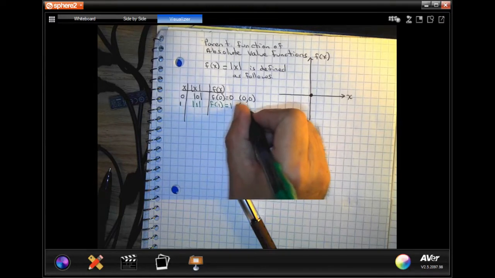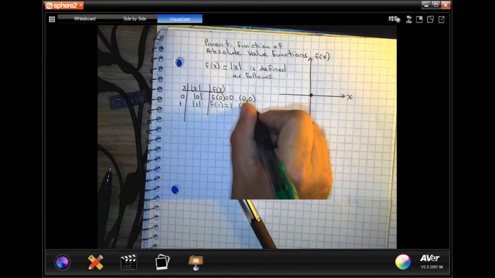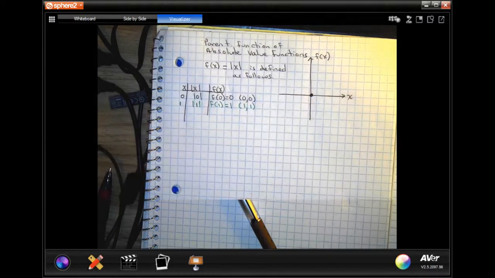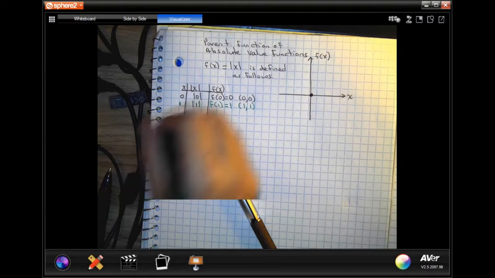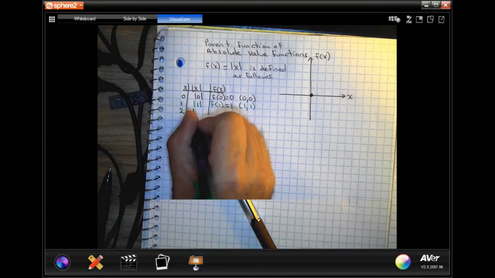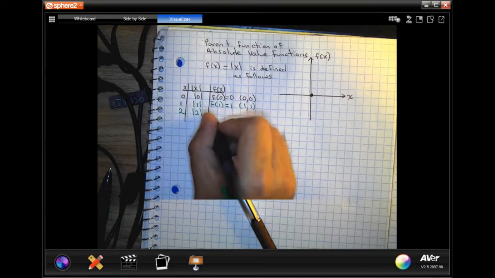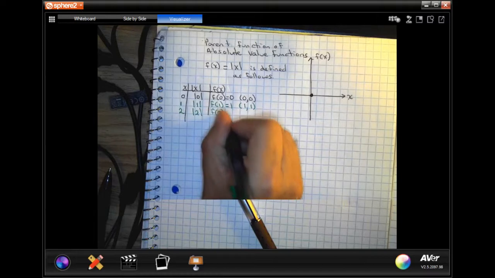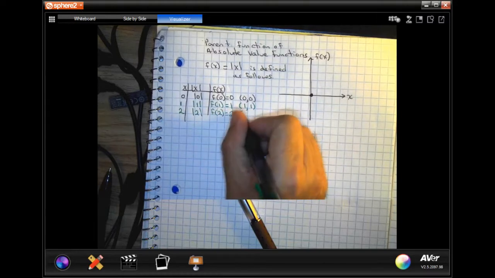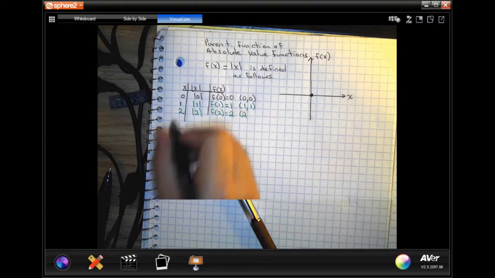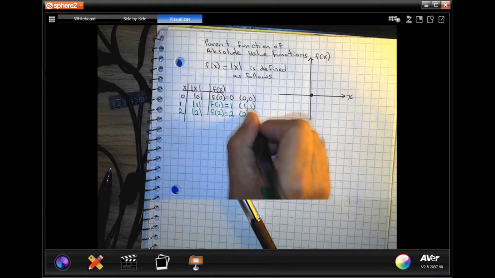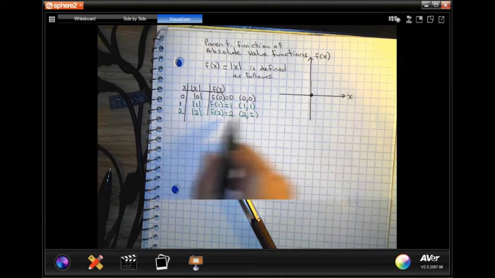So when x is 1, the f of x is also 1. When x is 2, the absolute value of 2 is equal to 2. So when x is 2, y is also 2.